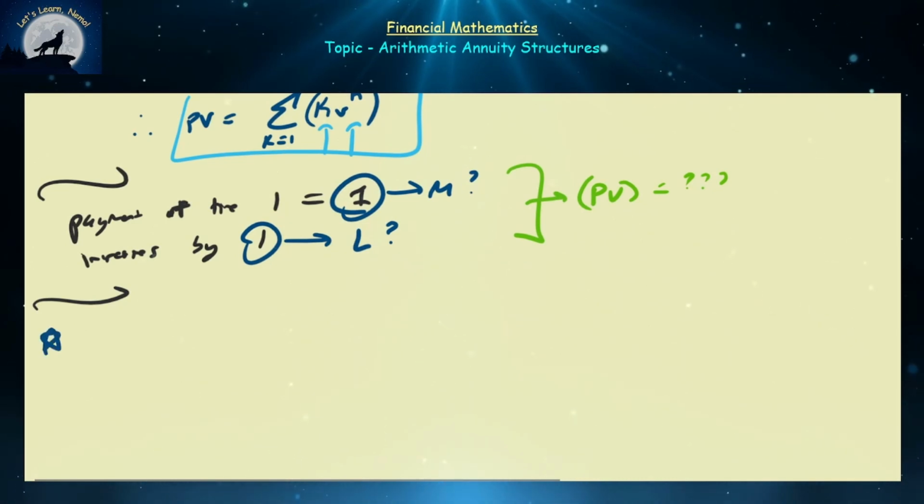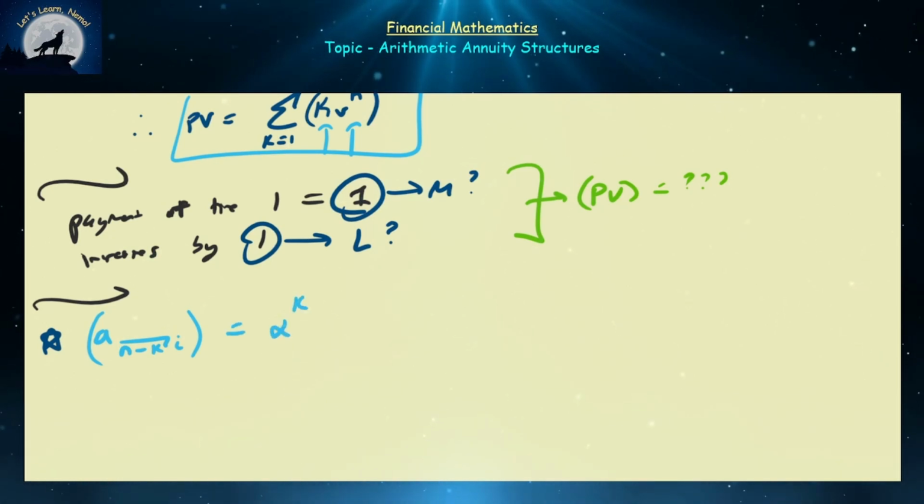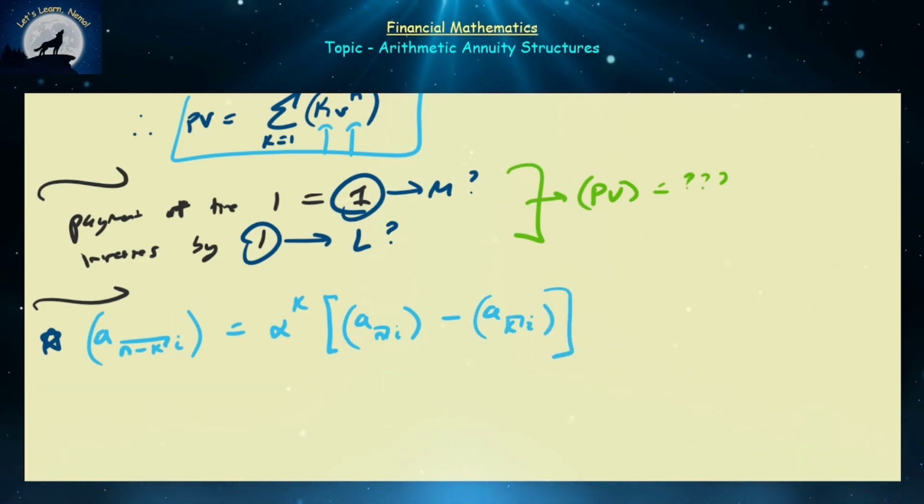But before we dive into all that fun algebra, I want you to at least try, as an exercise, in case you haven't proven this identity already, that annuity immediate with m minus k payments can be equivalently calculated as the periodic accumulation factor to the power of k times a_n|, so an annuity immediate with m payments, minus an annuity immediate with k payments subtracted from it, where k obviously is less than or equal to m.